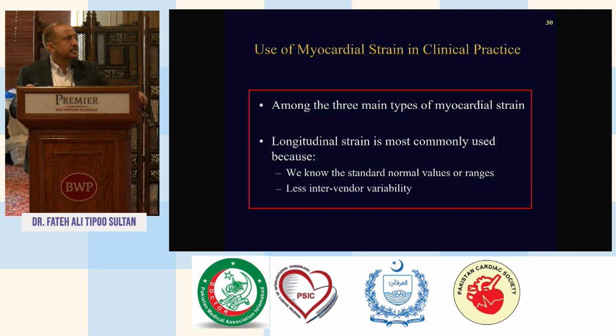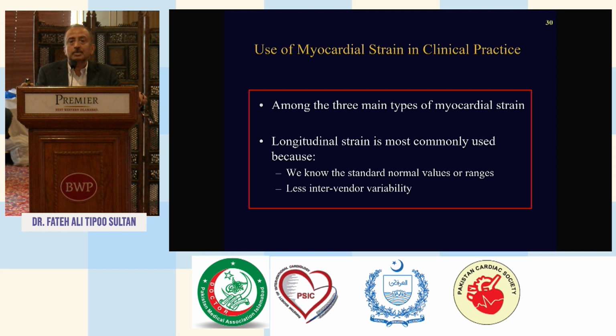So among the three major types of myocardial strain, that is longitudinal, circumferential, and radial, the longitudinal strain is most commonly used because we know the standard normal values for the longitudinal strains, because there was less agreement, there was variability, and there was less agreement about the normal standard values about other strains.